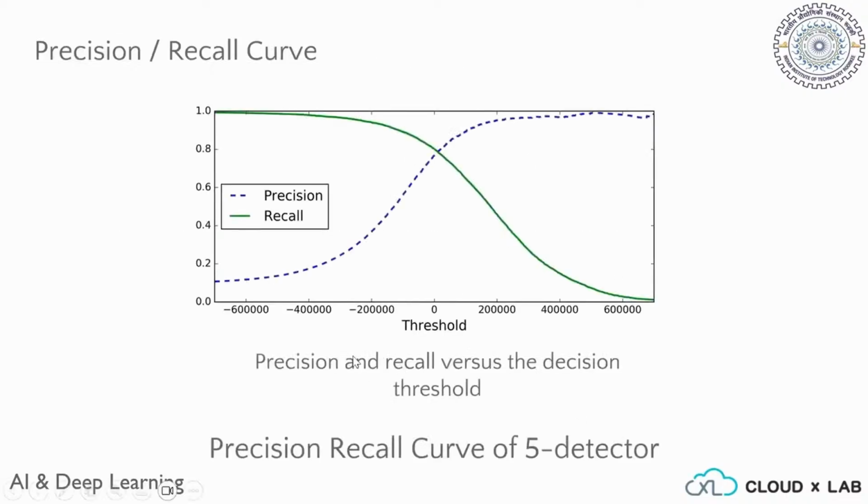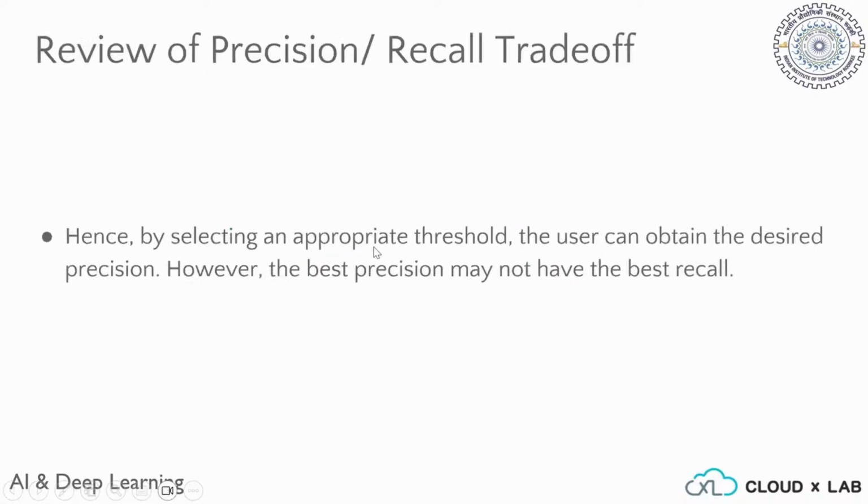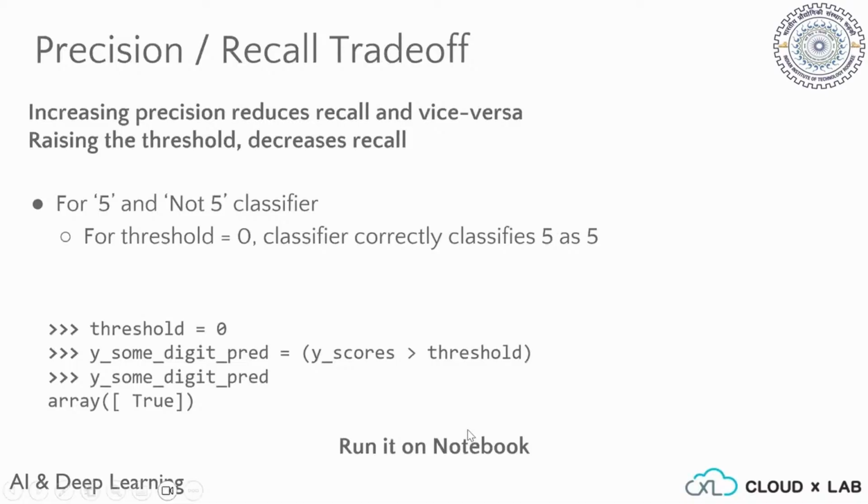So here I am showing the precision recall curve versus the number of thresholds, right? So let's say for one model we are using threshold 0, for another model let's say we are using 8,000 as the threshold, for some other model we are using 5,000, right? So if you change these threshold values, the model will change, right?